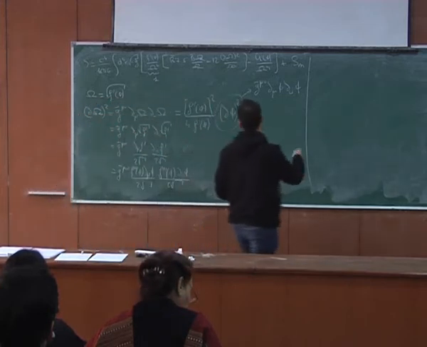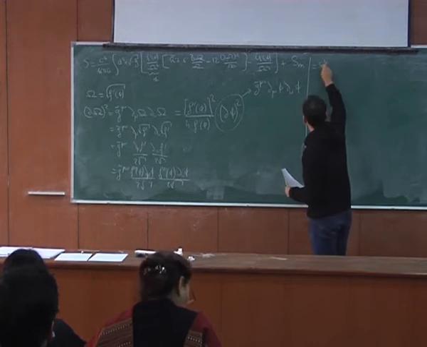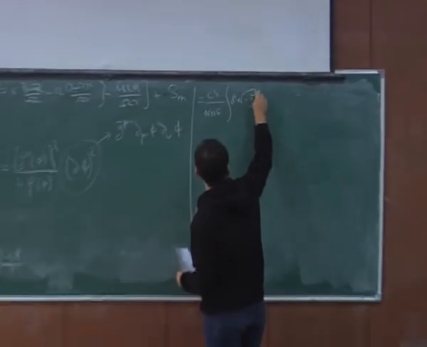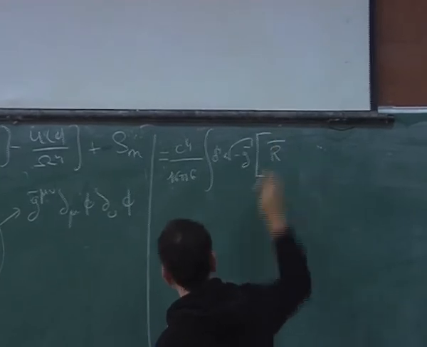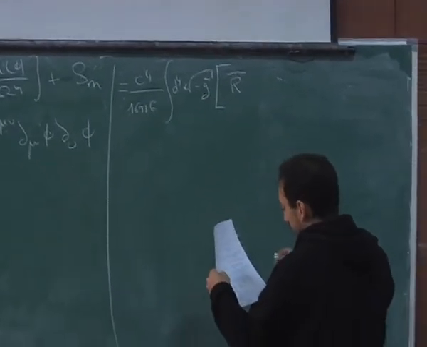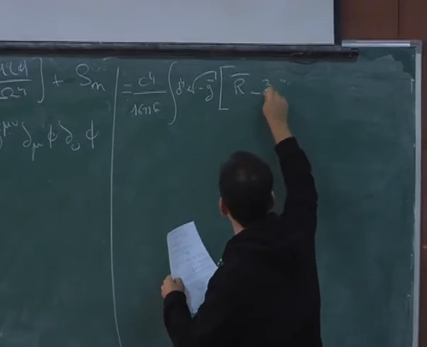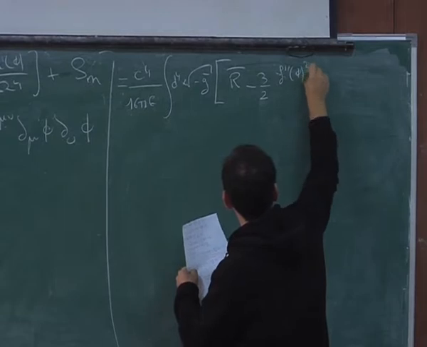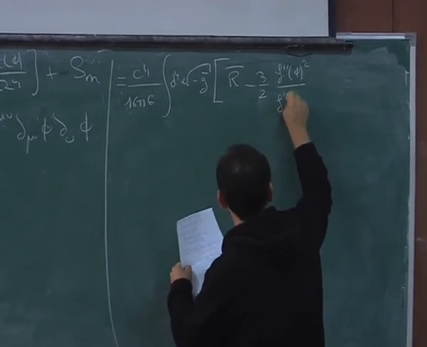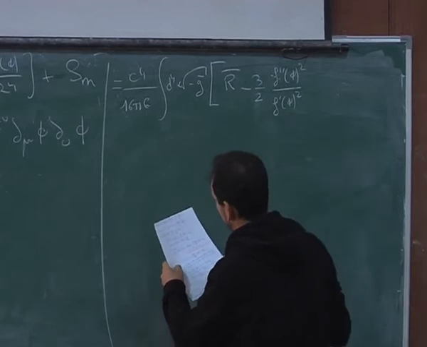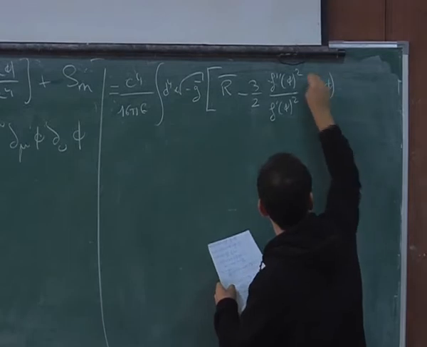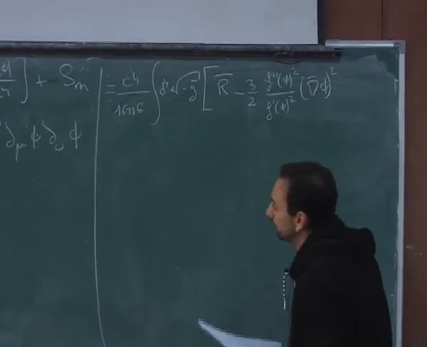You get that this is equal to C4 divided by 16 pi g minus g bar, and I have r bar and minus 3/2 f double prime phi squared divided by f prime phi squared the kinetic term.